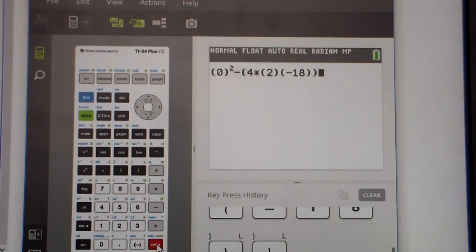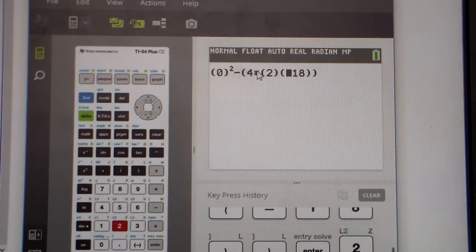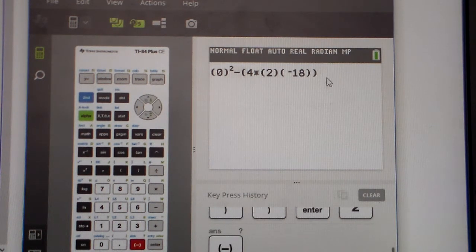It probably doesn't like that little negative, so I'm going to hit that negative. Let's try that, and we get 144.